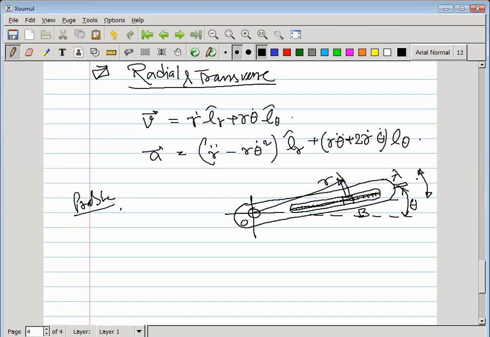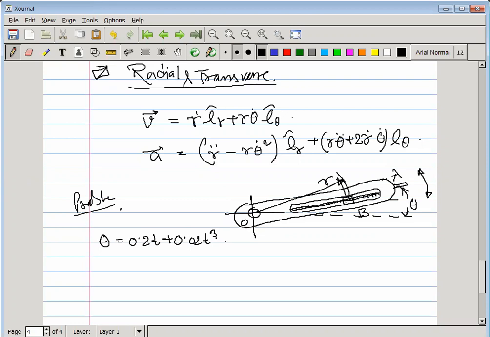Now in the question it is said that the rotation of a radially slotted arm is governed by some equation, which means this is an angular movement. So suppose it is given as theta equal to 0.2t plus 0.02t cube, where theta is in radians.